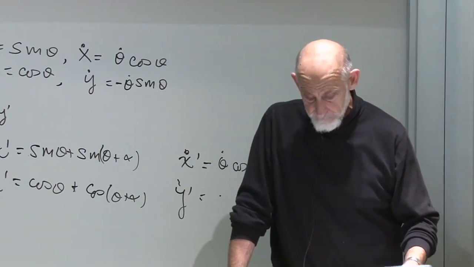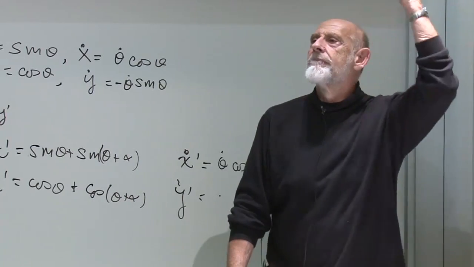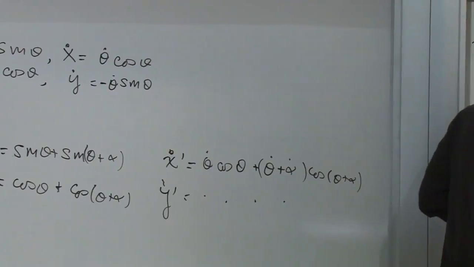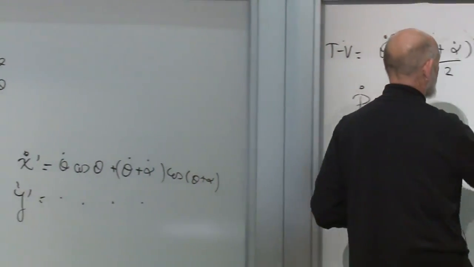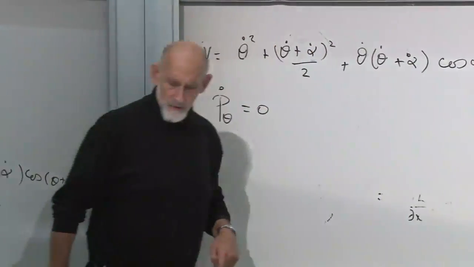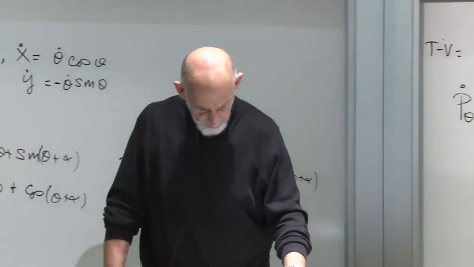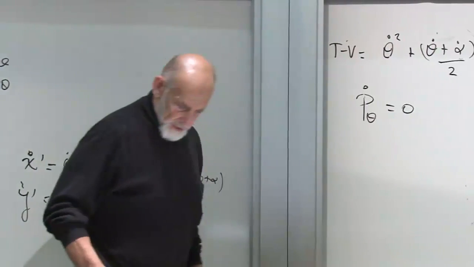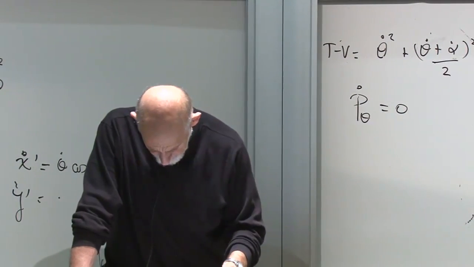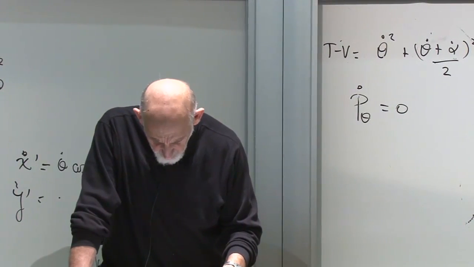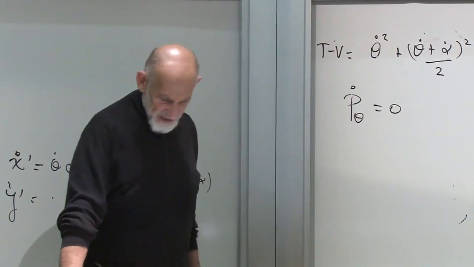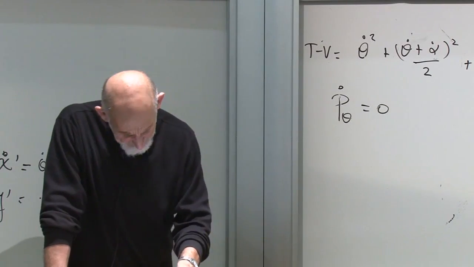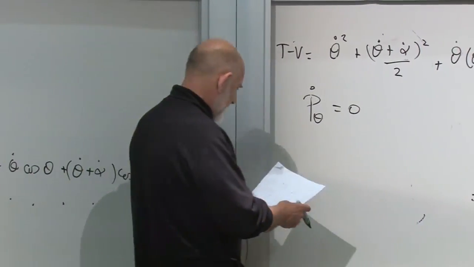Expression for T minus V there, should that dot minus alpha dot be theta dot plus alpha dot? Very likely. Maybe. I don't know. Yeah, I think so. You're right. Well, one of the two of these is wrong, I'm sure. Let's see, which one? When you take the x dot prime and square that, you get a theta dot term.